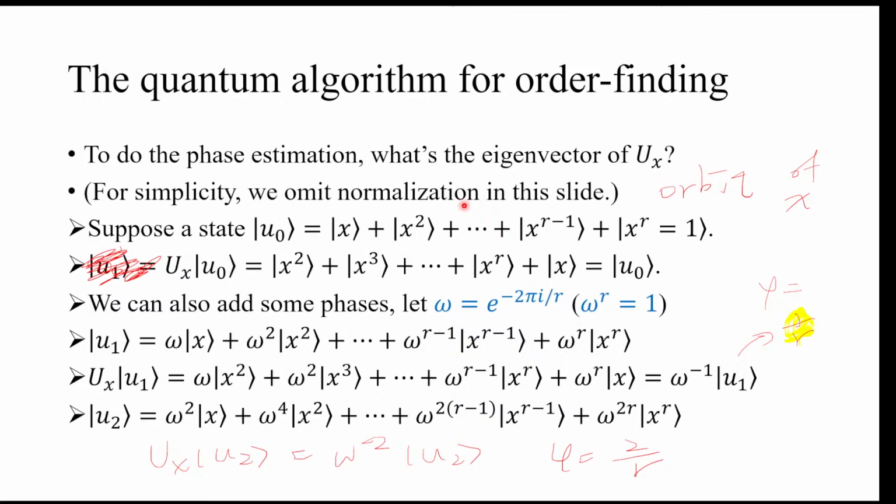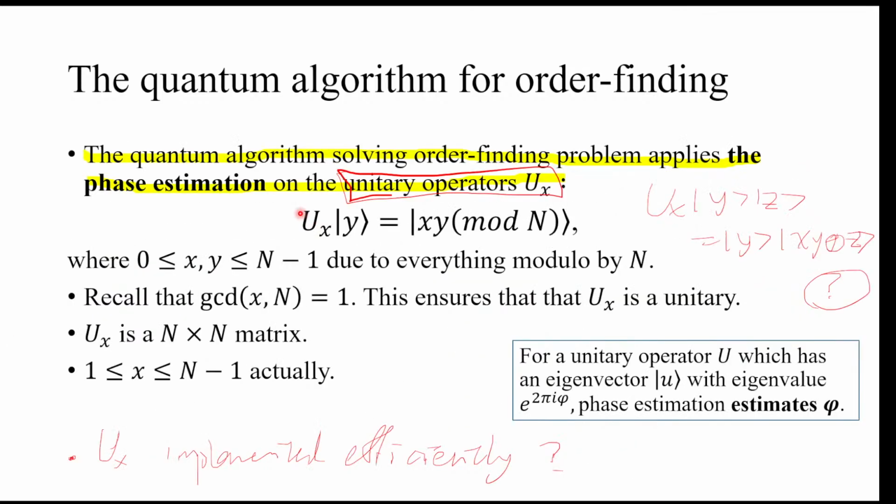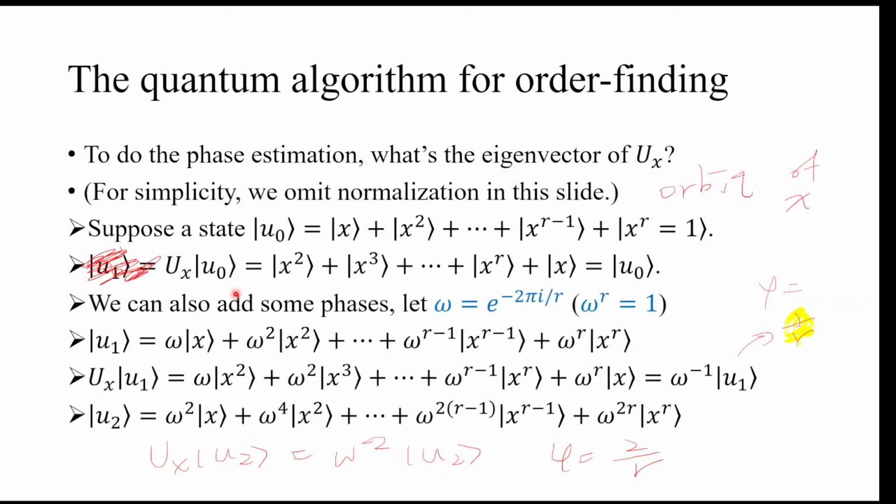If we take an equal superposition of those states, it will become an eigenvector of our Ux with eigenvalue 1, because Ux on it just shifts all those x powers, so power 1 becomes power 2, becomes power 3, etc. So Ux on this, you just cyclically shift all those components and get back the same state, and this state is called u0. But we can get some eigenvectors that look like this, but with non-trivial eigenvalue.